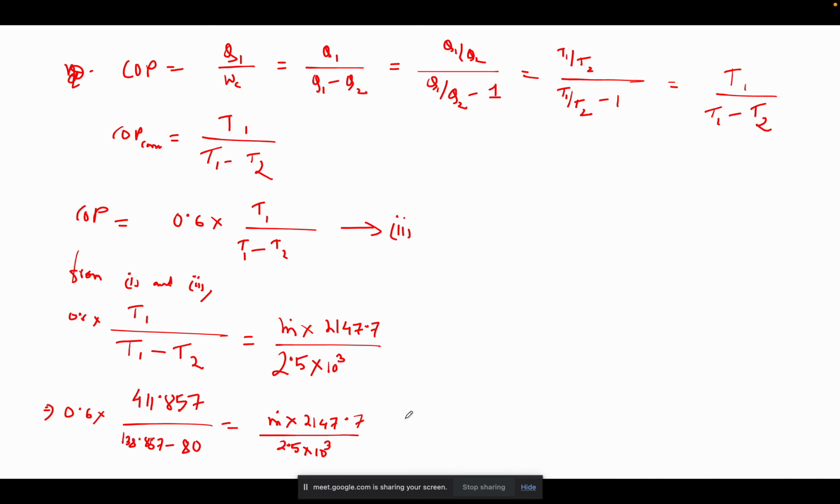Now you just have to do these calculations and you will get the answer. 411.857 into 10 to the power 3 divided by 138.857 minus 80 into 2147.7.